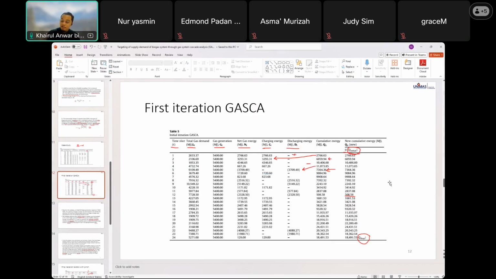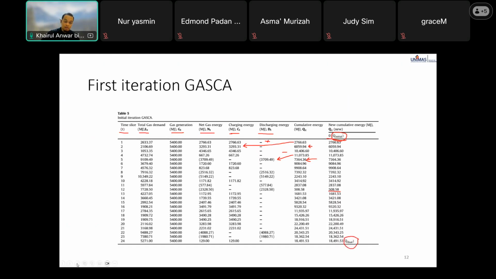Then the gas generation, we first guess, the net gas energy NT. So for NT, where you get NT is basically go to section 3.2, step 4. So NT equal to GT minus LT, then you get NT.